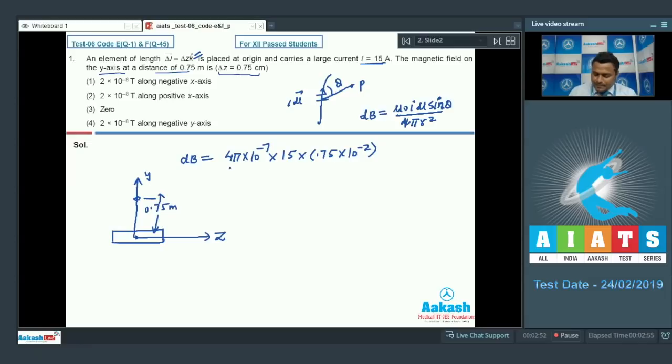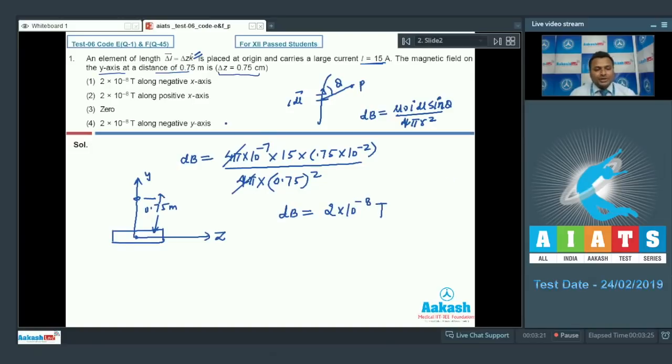So divided by 4 pi into r square. Here r is 0.75, so 0.75 square. After solving, we get the value of magnetic field due to small current carrying element as 2 into 10 to the power minus 8 Tesla.